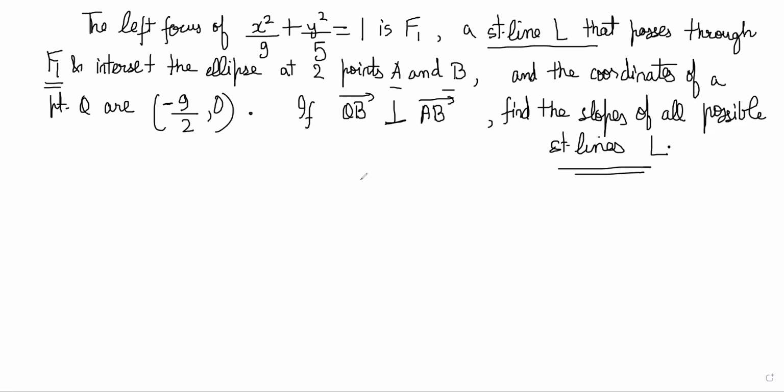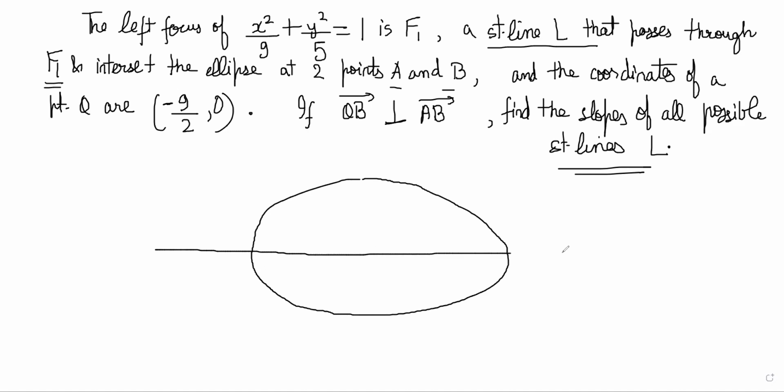So this is the situation. This is the left focus. This is F1. This is A. This is B. And on the axis of the ellipse, this is the x-axis.